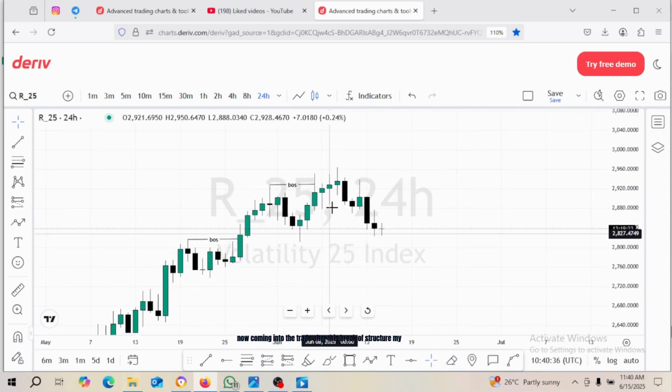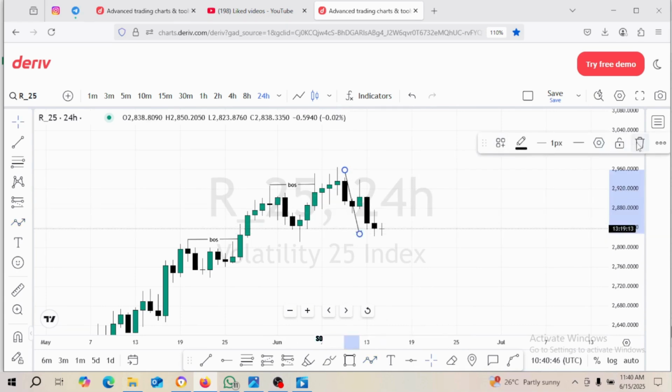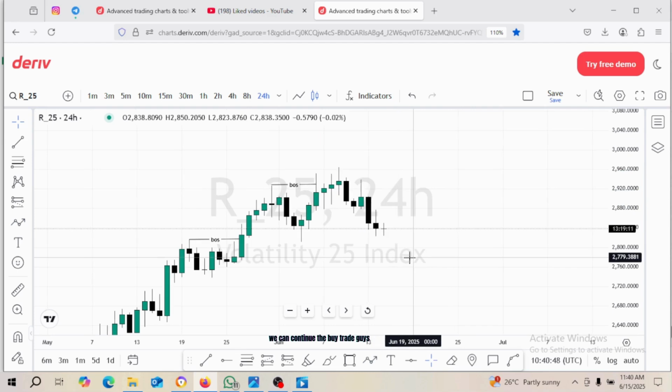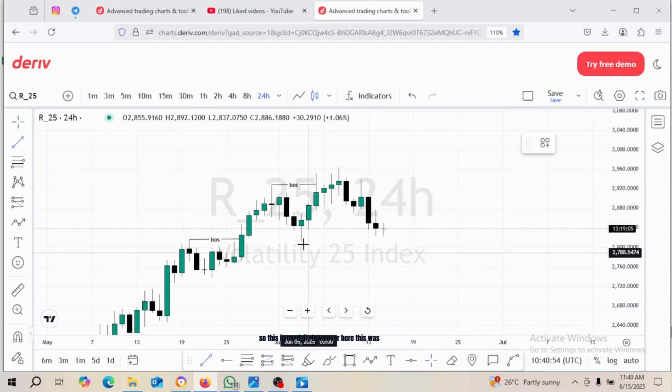So now coming into the trade after this break of structure, my anticipation was that we would be expecting a pullback into a discount zone, so we can continue the buy trade, guys. We're expecting a pullback into the discount zone. So this is my daily low over here.